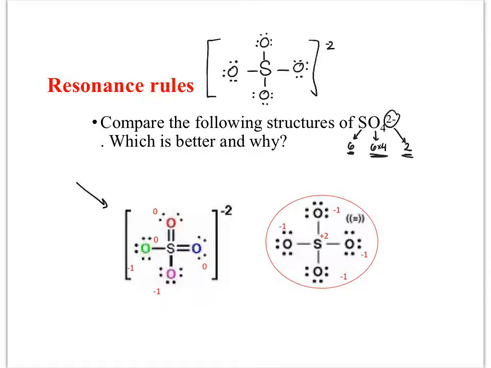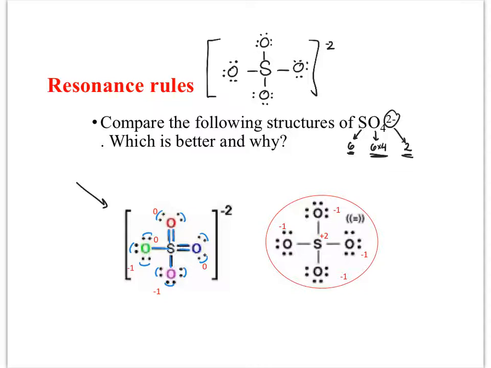So this structure is not wrong. Mathematically, it's fine, because if I do my electron count: 2, 4, 6, 8, 10, 12, 14, 16, 18, 20, 22, 24, 26, 28, 30, 32. So I have the proper number of electrons.